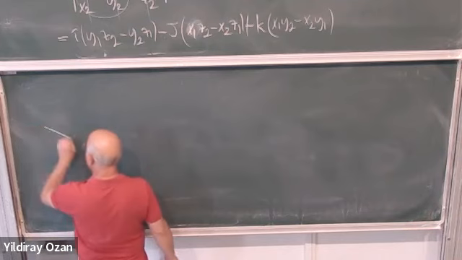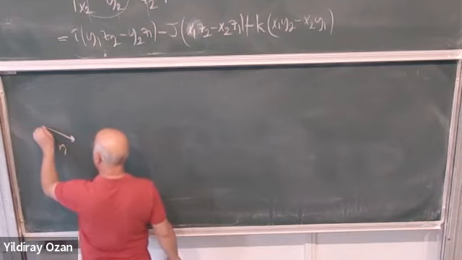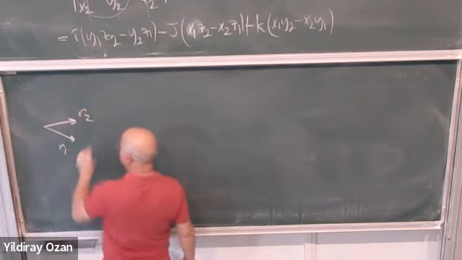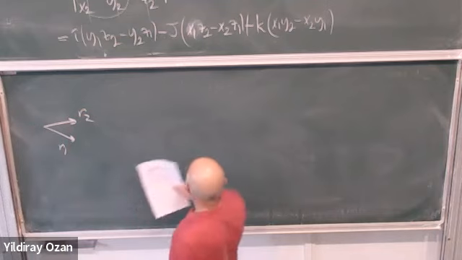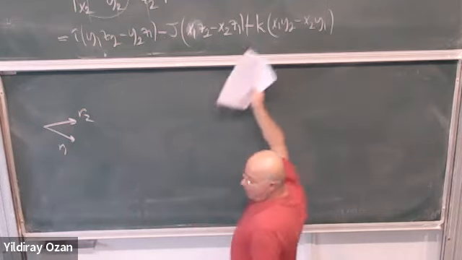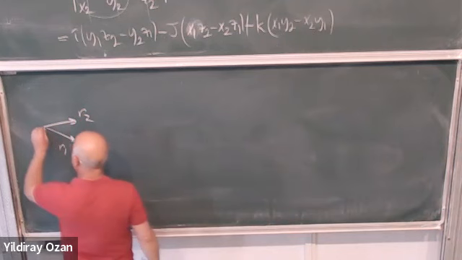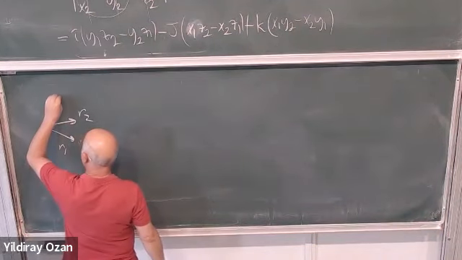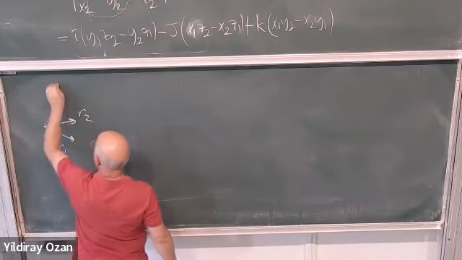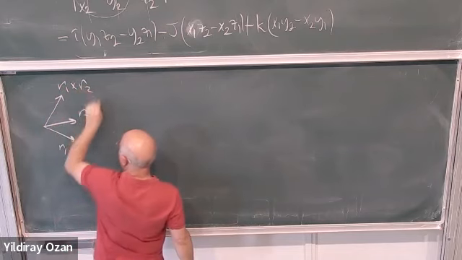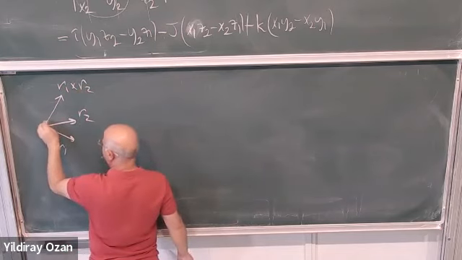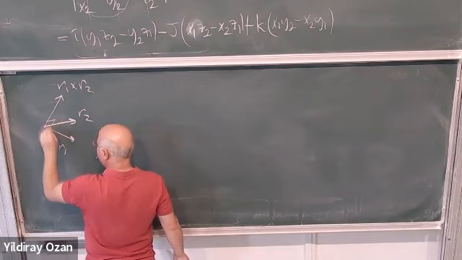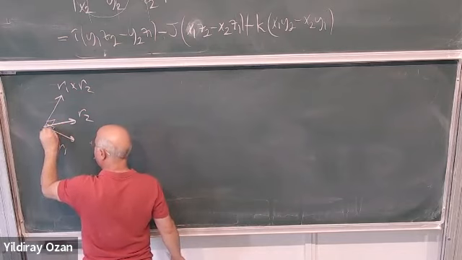So if R1 and R2 are two vectors like this, R1 cross R2 is a third vector, nothing but this vector here, and it is perpendicular, as your friend said, to both of these vectors, okay?